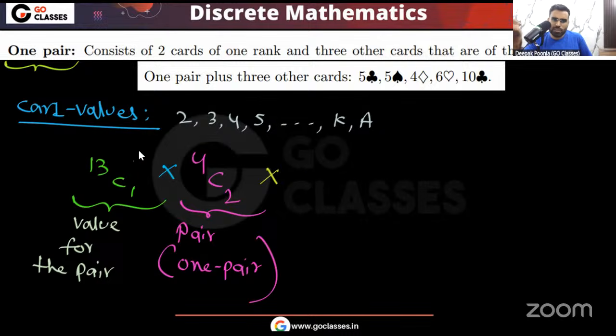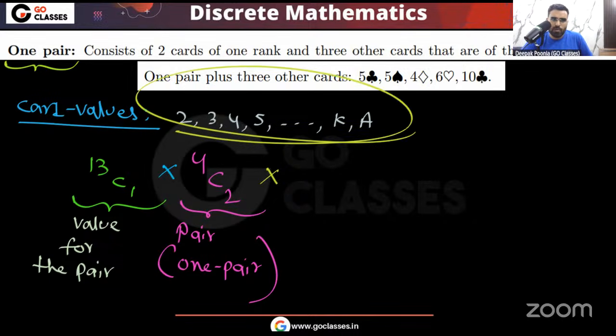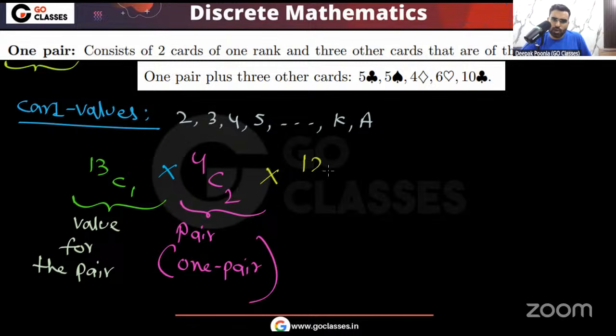Once the pair value has been chosen, total 12 values are remaining. From these 12 values, I need to choose three values because I want three cards of distinct values.